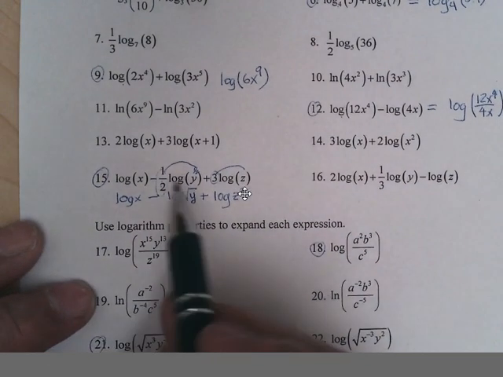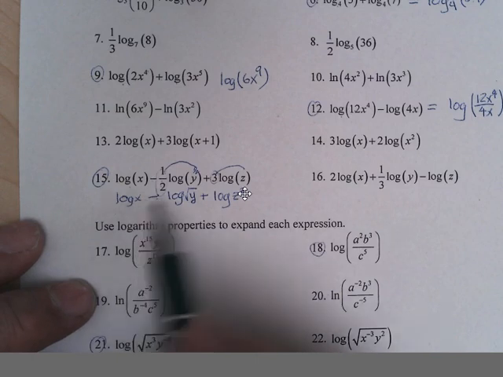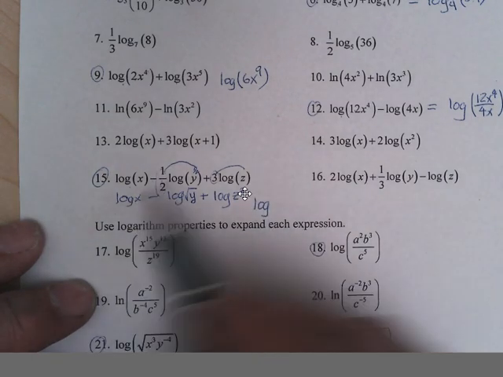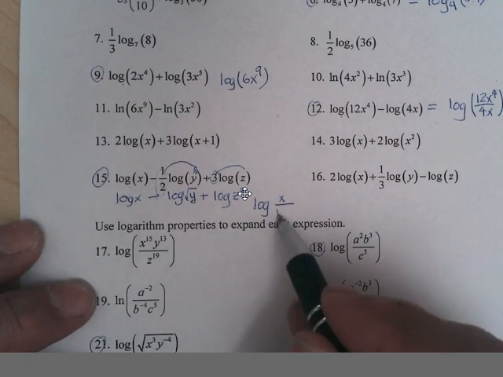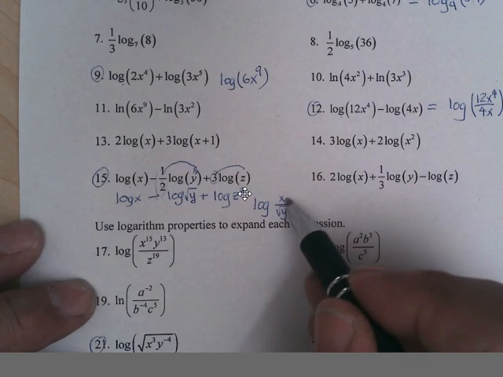And then, to go to a single log, when you subtract, you divide, so we're going to have the log x divided by the square root of y, and then this is plus, so times z to the 3rd.